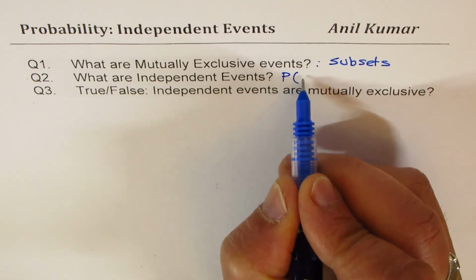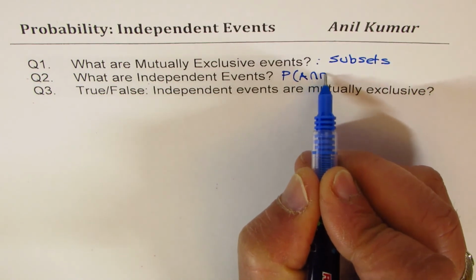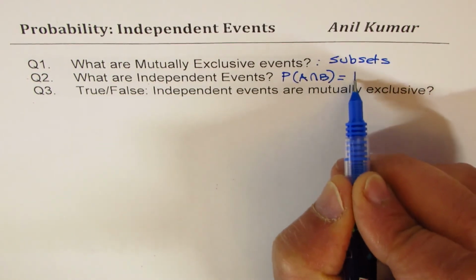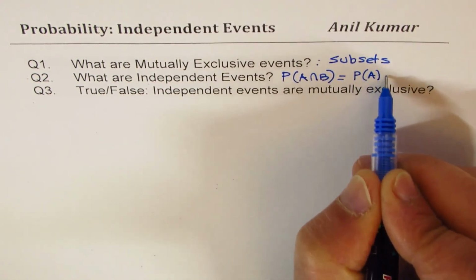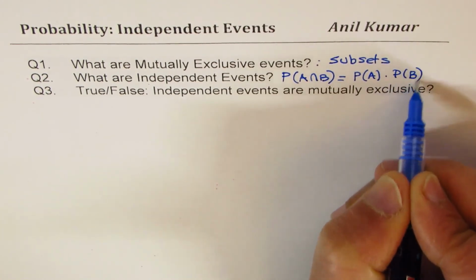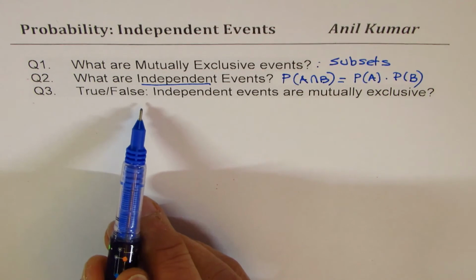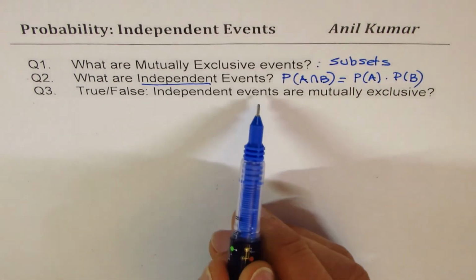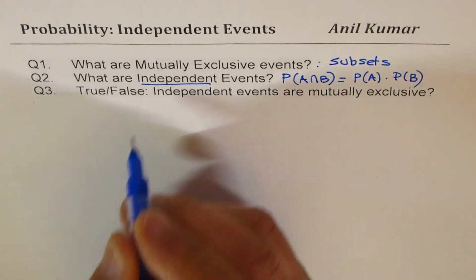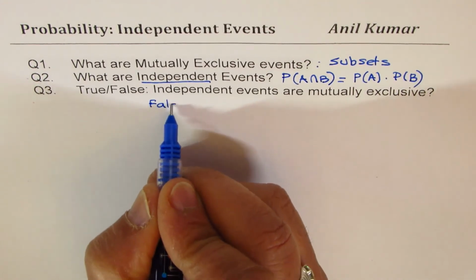So we are talking about the probability of A intersection B, and if this is equal to the product of the probability of A times the probability of B, then they are independent, right? And the third statement, true or false, independent events are mutually exclusive, is false.